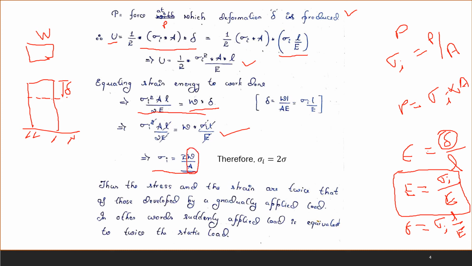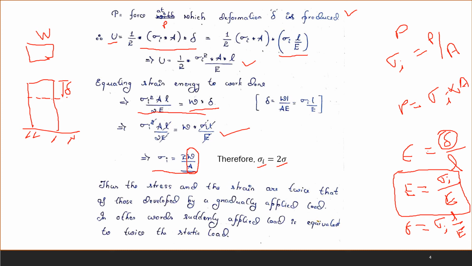W by A is the nominal stress, the stress induced by the load W. Therefore we can see that impact stress is 2 times the stress induced due to a gradually applied load. Therefore the effect of impact is 2 times the effect of a normally applied load.